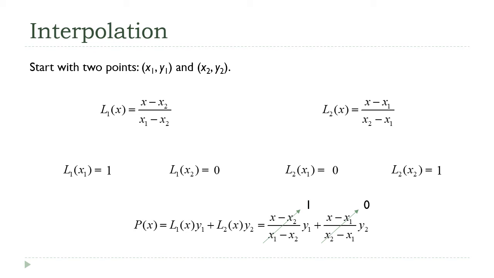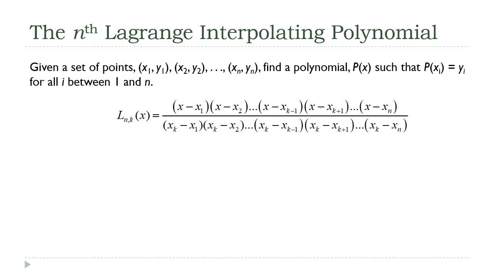All right. Now see if we can generalize this. So this is how we're going to define the nth Lagrange interpolating polynomial. And I know it looks a wee mess, and it kind of is, but it's not too hard to understand once you dig down into it a little bit. First, you remember on the last slide we had L1 and L2. This k here is that parameter.